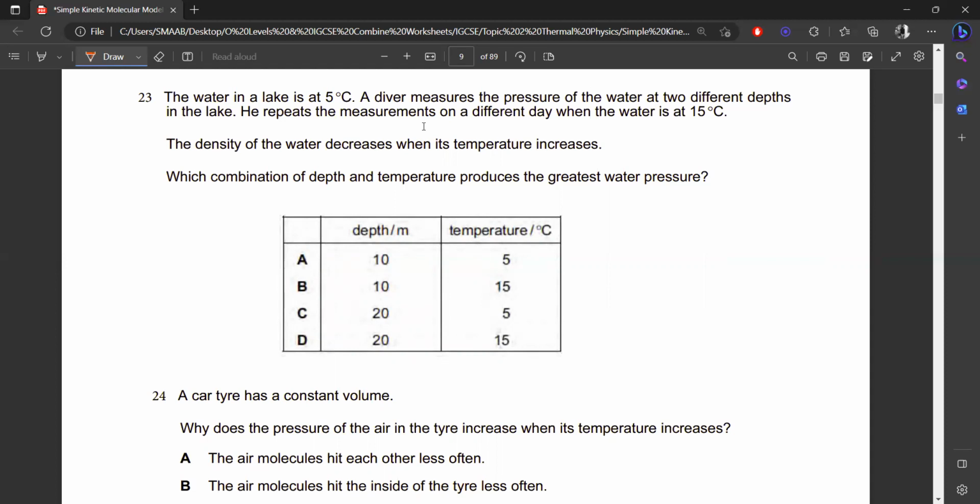Okay, so if you want to apply a greater pressure, for that you require greater density or less density? Greater density. And density will increase when temperature decreases, right?